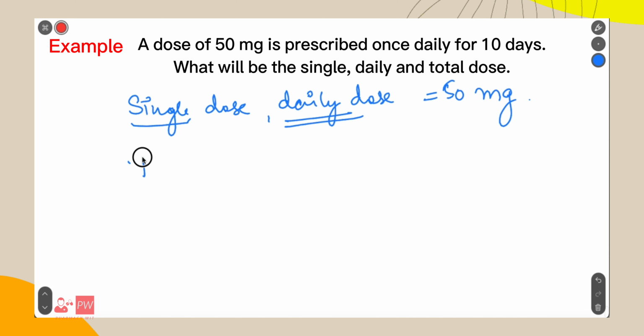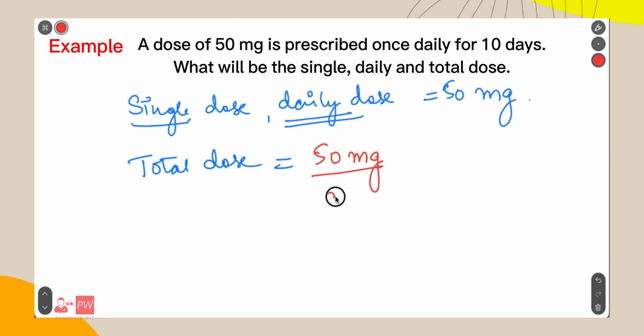So we have to calculate the total dose. What will be the total dose in this question? As we know, the total dose is the amount which is taken during the course of treatment. So what will be the amount of drug prescribed to the patient during the course of treatment? 50 mg of drug is prescribed to the patient per day, one time in a day, for 10 days.